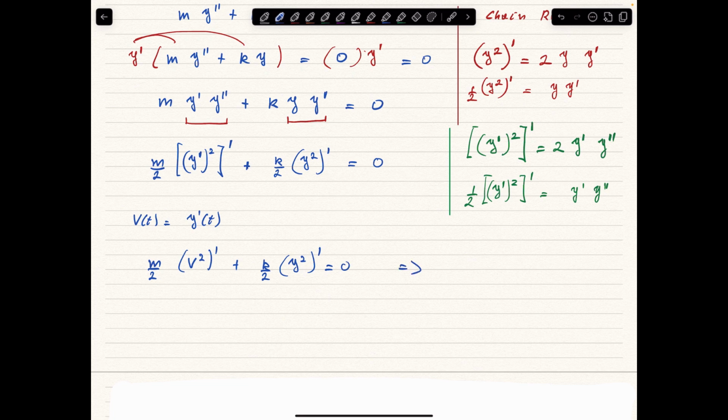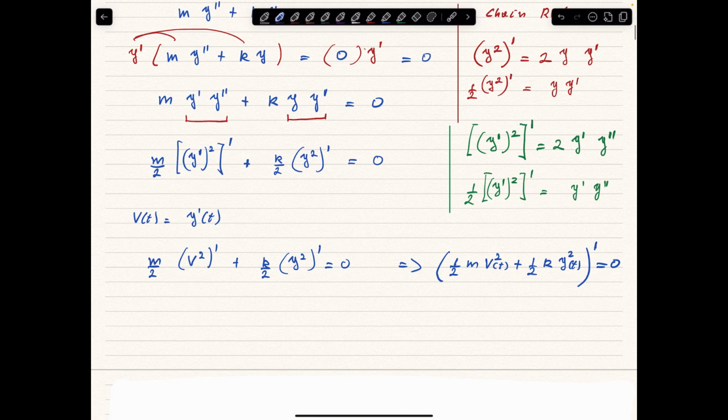But because of the properties of the derivative, this constant we can put inside the derivative, because we can take it out, so we can put it in. And the same here. So we can put all the constants inside the derivatives, and then we have something like this: 1/2 mass velocity squared, recall is a function of time, plus 1/2 k position squared, function of time, derivative is equal 0.